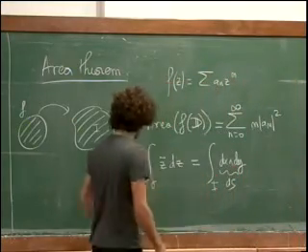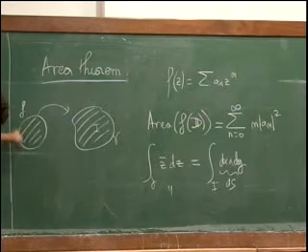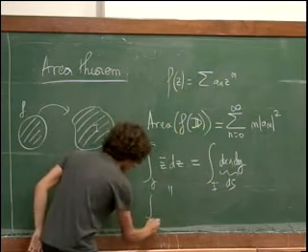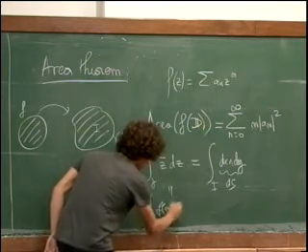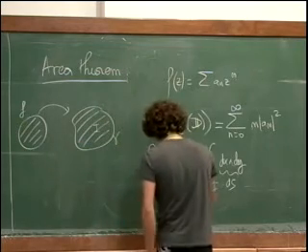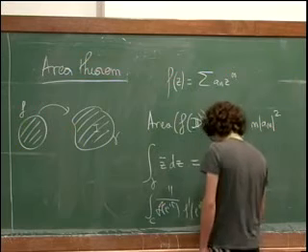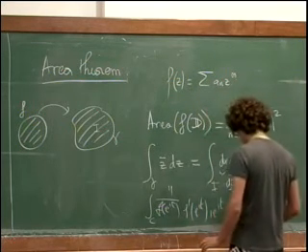When you look at this now, because gamma is the image of this circle, it's exactly the integral on the circle of the conjugate of f of e to the it, times f prime of e to the it, times i e to the it, dt.